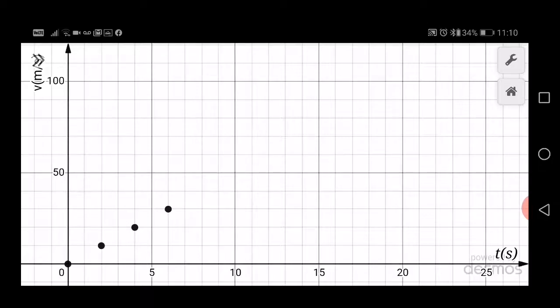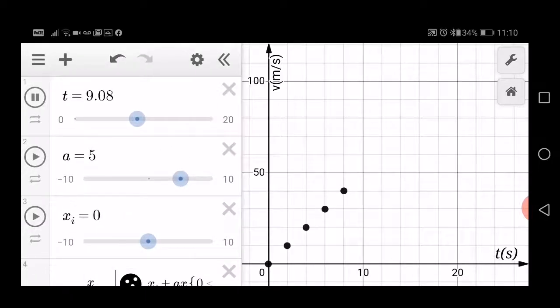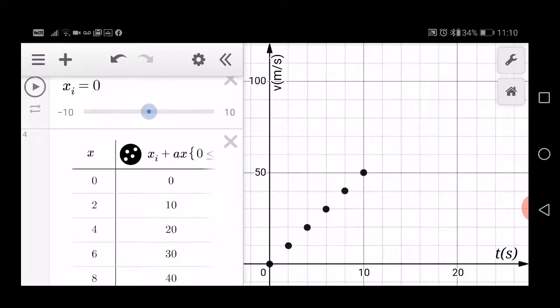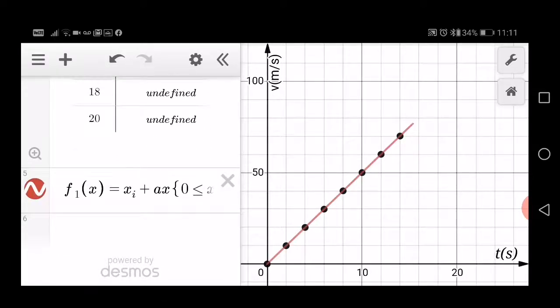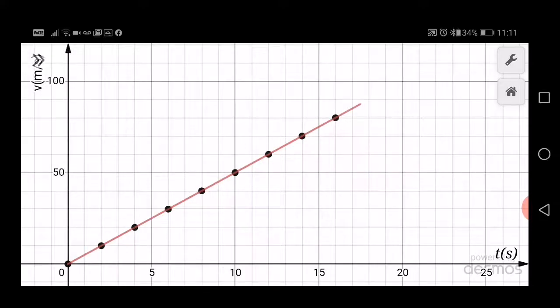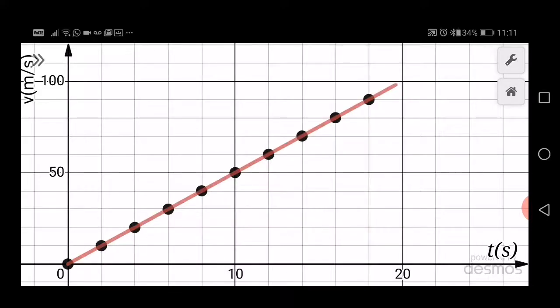Now, what this really means is that you can actually make a function that describes the increase of your velocity as time passes. And that function is what we call the velocity time graph.